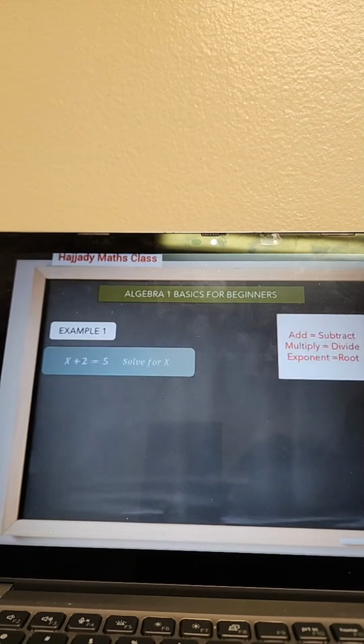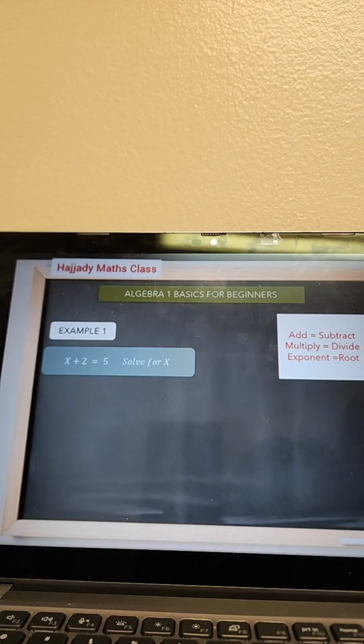The first rule says that when you have addition on the left side, because our objective is to let the variable x be on the left side and the value on the right side, we need to eliminate every value that is with the variable x.